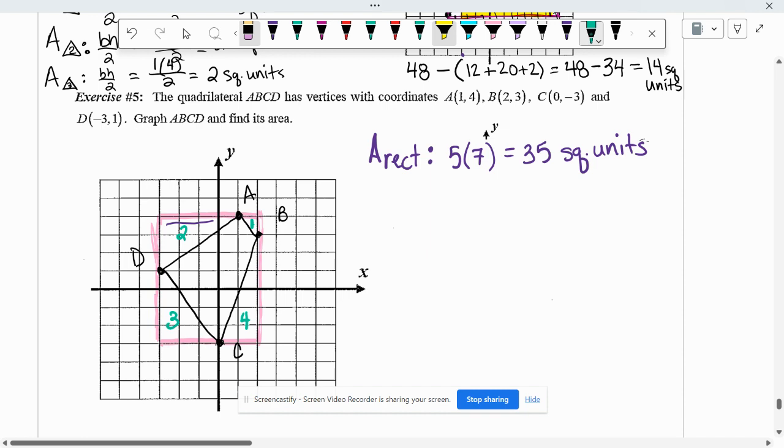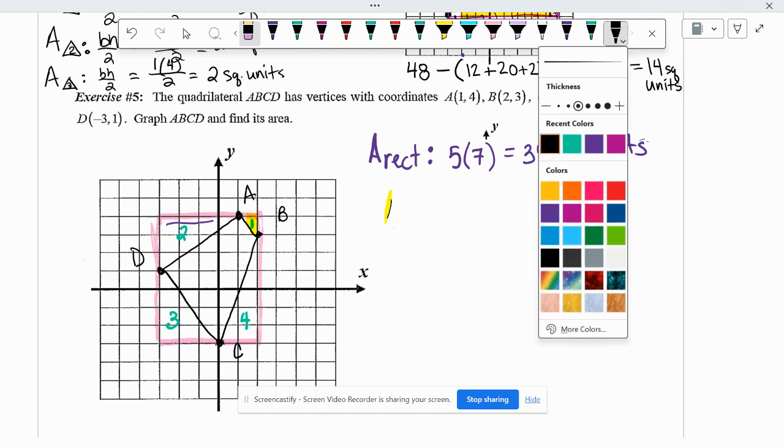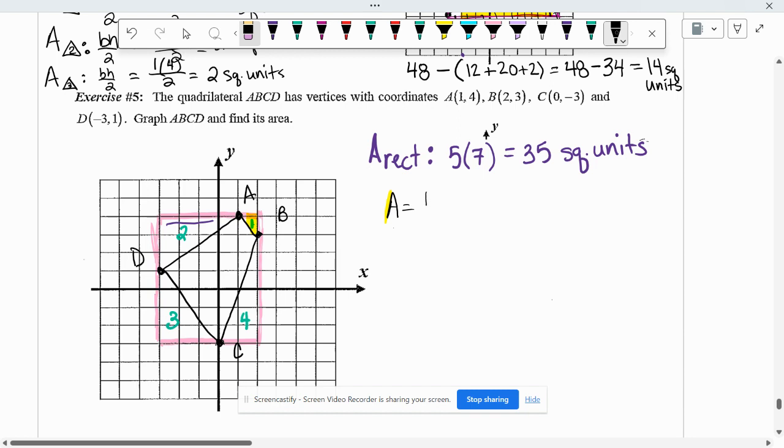So area of triangle 1. What's the measure of the base? 1 times the height divided by 2 equals 1/2. So this is half of a square unit. This is triangle 1.